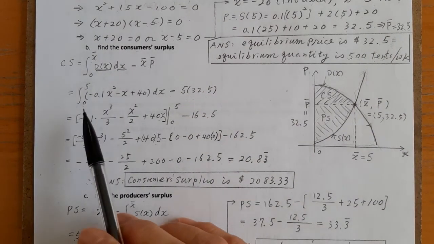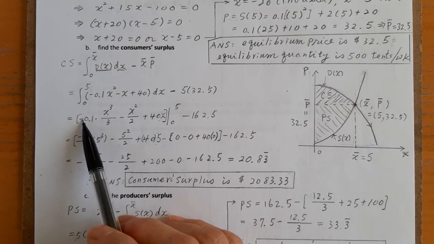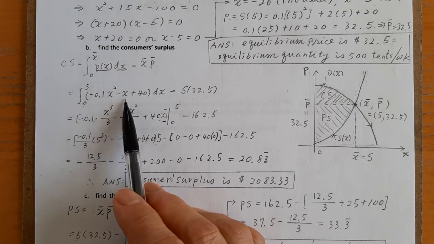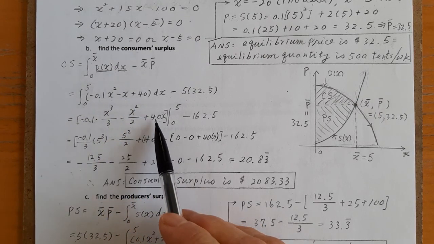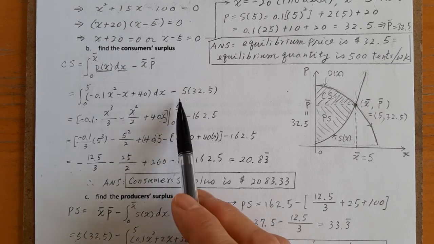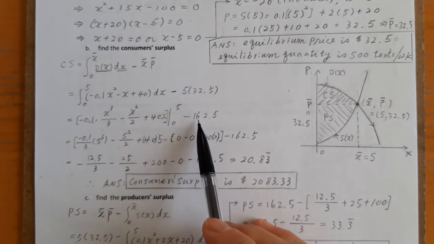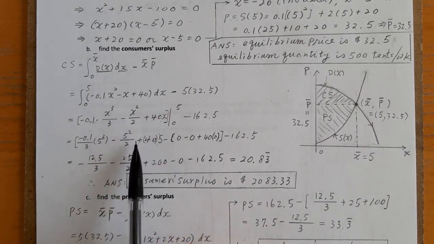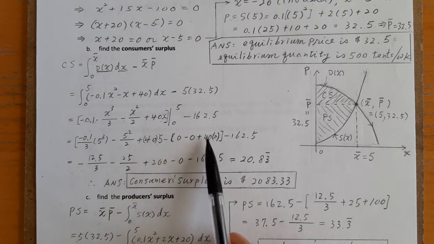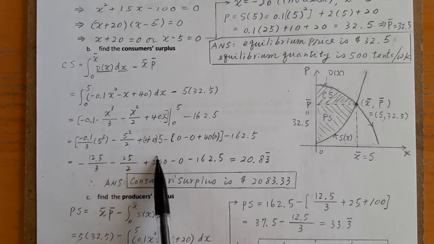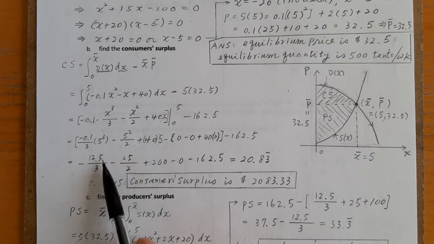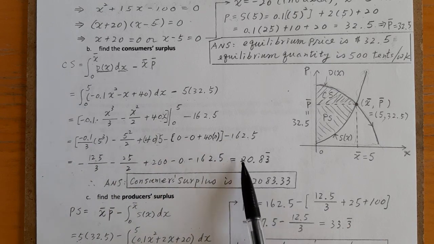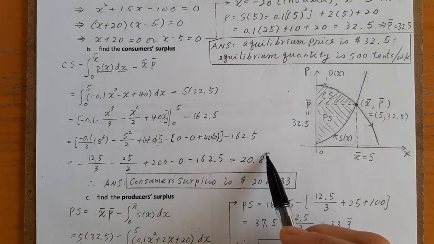So we take an integral: negative 0.1 x squared integrates to x cubed over 3, minus x integrates to x squared over 2, 40 integrates to 40x. X goes from 0 to 5, minus the product, 162.5. Then plug in 5 for x, minus plugging in 0, which is 0. So figure out this, and minus 162.5. So the surplus is 20.83.